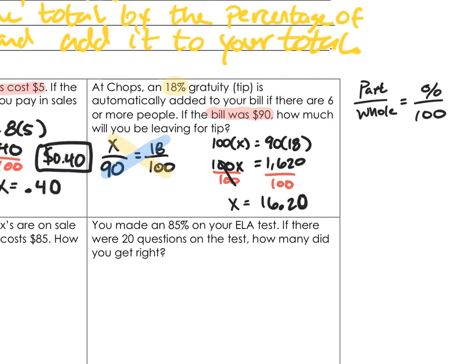Now, the thing to make sure of, and I didn't do a good job making sure of this the first time, letting you know this the first time, I should say, is you want to read the question. Here they're asking, what will the amount be for the tip you are leaving? Well, isn't that just our x? We just want to know what 18% of 90 is, and that's the tip we're leaving.